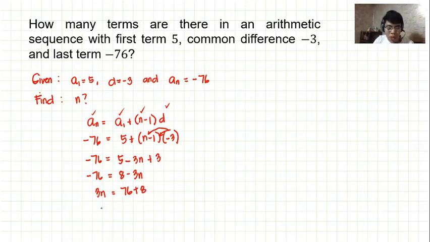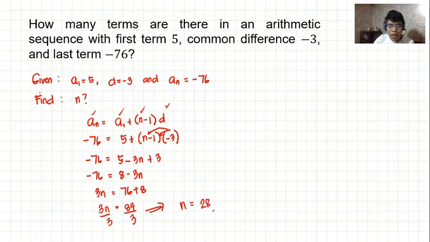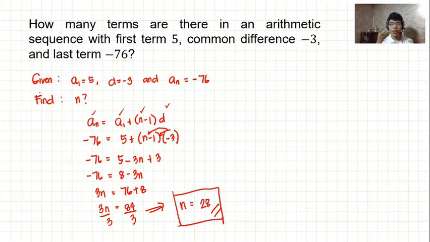Okay? So we will now have 3n equal to, this is 84, right? And dividing both sides by 3, n is equal to 28. So the number of terms, okay, of this arithmetic sequence na binigay is actually 28. So your final answer is 28.